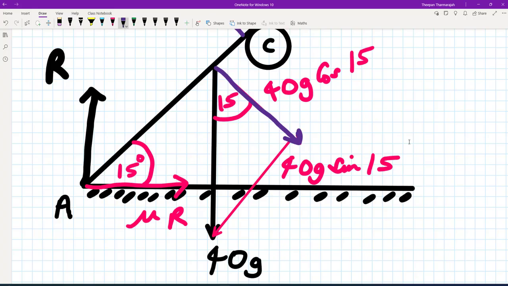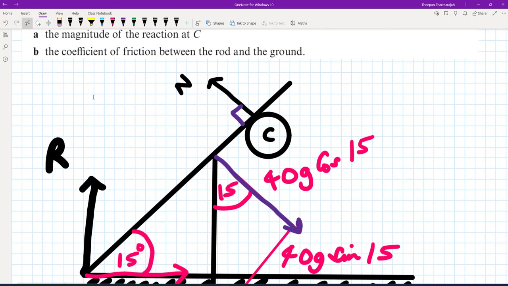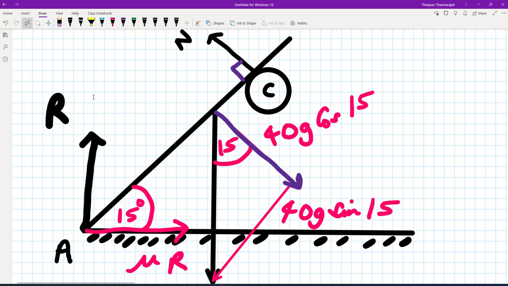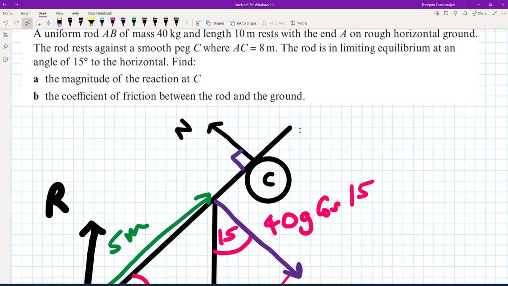So we now need to write in our lengths of the rod. Now, if the rod is 10 meters, the weight acts in the middle of the rod because it's uniform. So we can mark that as 5 meters. That means the other one is 5 meters as well, from the midpoint to the end of the rod.